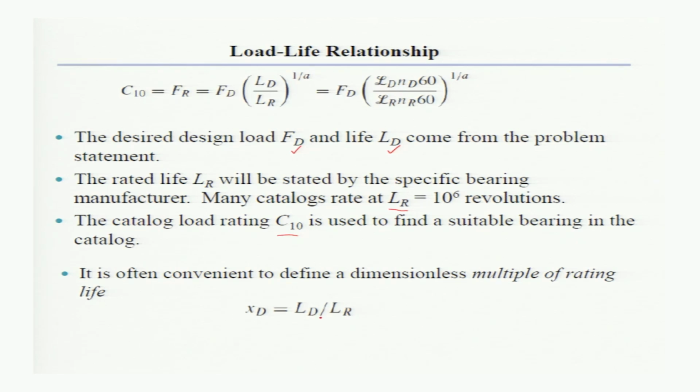It is often convenient to define a dimensionless multiple of rating. That means a value of XD is taken, which is the ratio of desired life divided by the rated life. So, this x is actually a ratio of the desired value to the rated value.